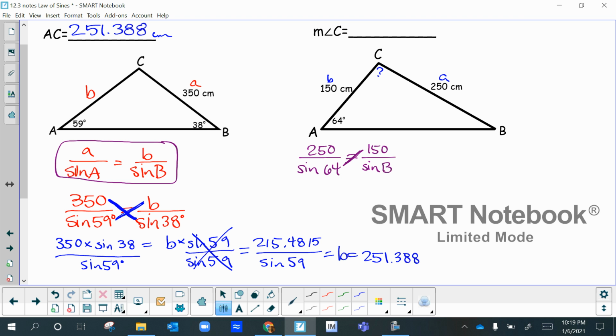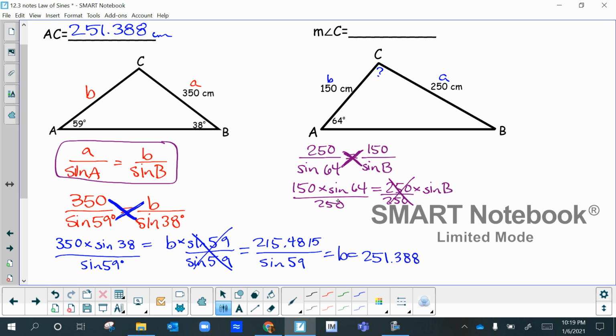I want to cross multiply this times this. So it's 150 times sine of 64, and that's going to equal 250 times sine of B. We need to get this by itself, so I'm going to divide by 250, divide by 250.